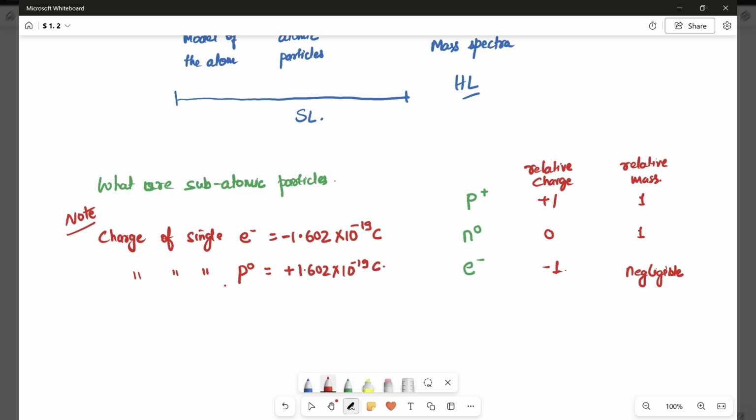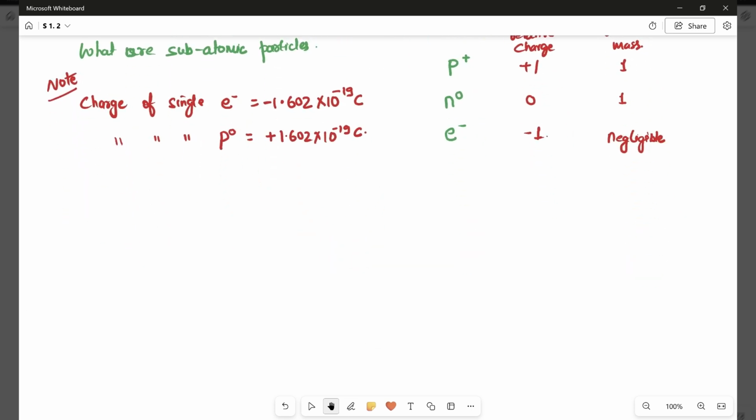However, relative to each other, their charges are plus 1 and minus 1 respectively. This information can also be given in your data booklet, so we don't have to worry about it. But when we solve the questions, these values should be at your fingertips. So let's go ahead with the further discussion.